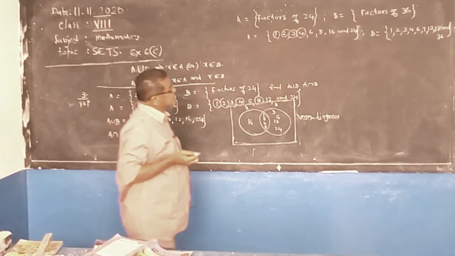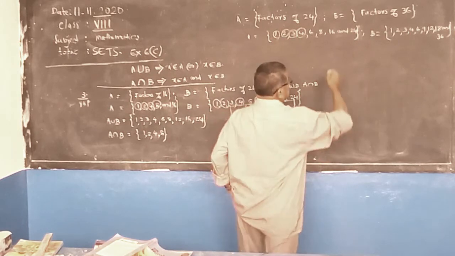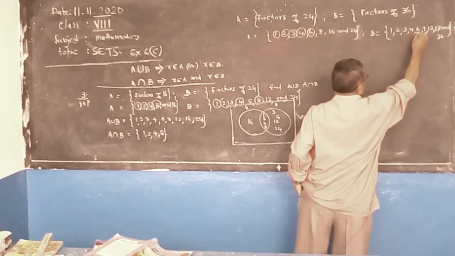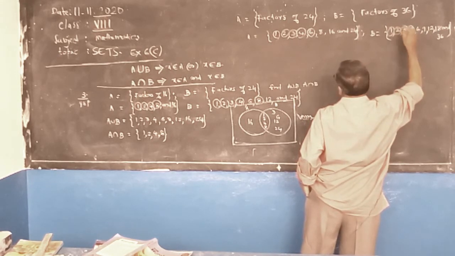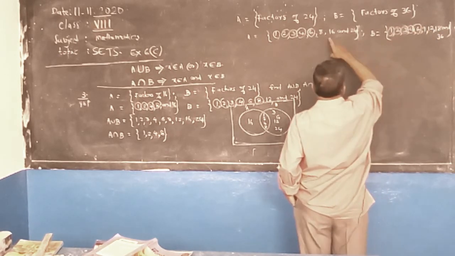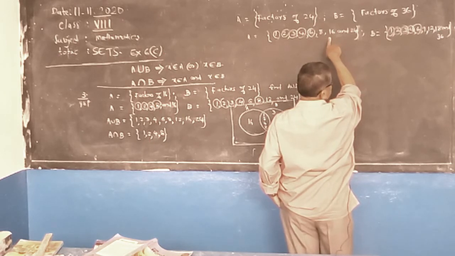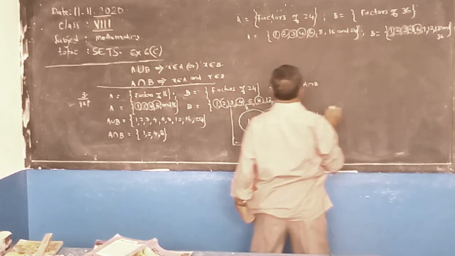See, common elements: next 6 also. 1, 2, 3, 4, 6. Then the next, 8 and 24, no, only up to 6.